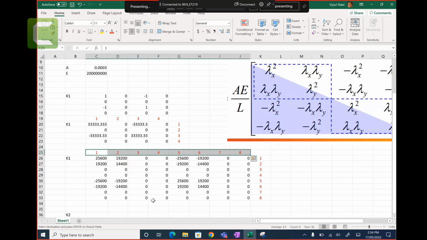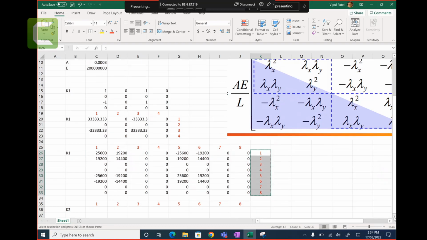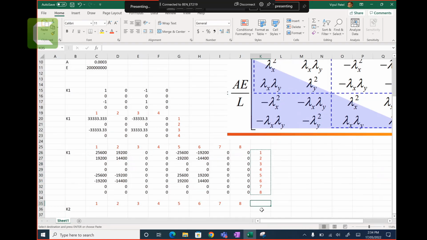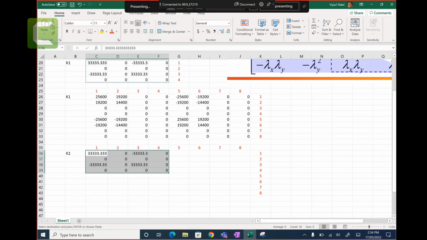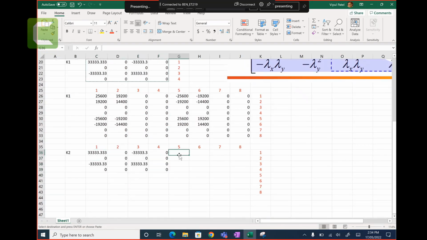Copy this. Let's copy 1, 2, 3, 4. And then these are zeros.